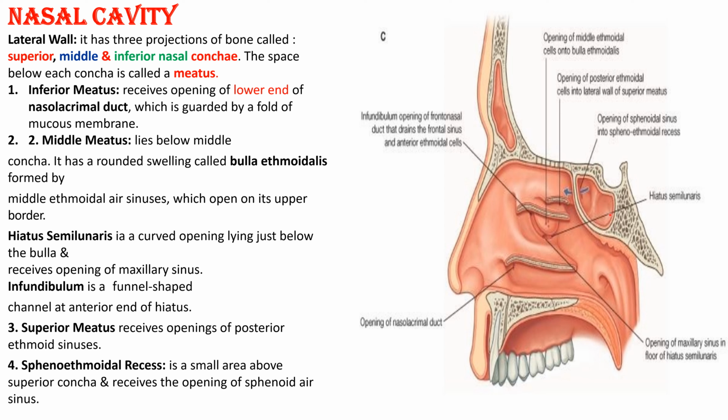This is the sphenoid sinus, this is the frontal sinus. Here inside there are the ethmoid sinuses, plus the maxillary sinus. Each sinus opens in a special area, you see.